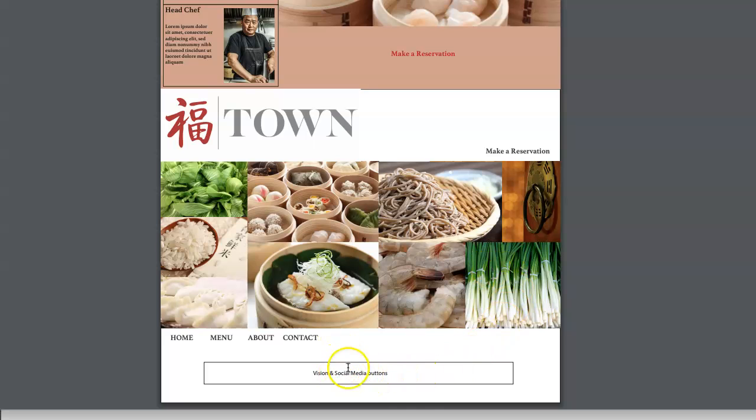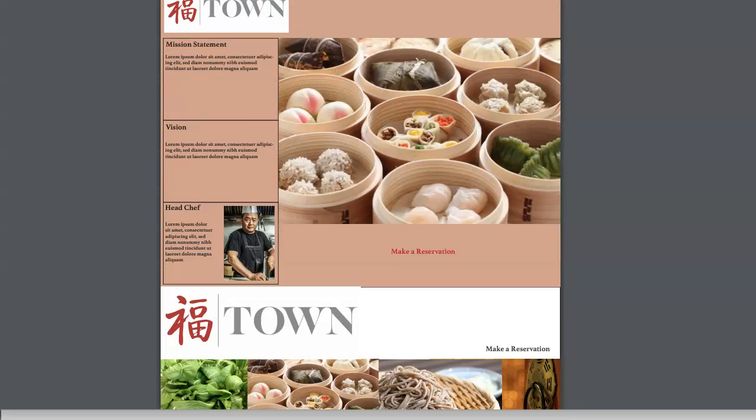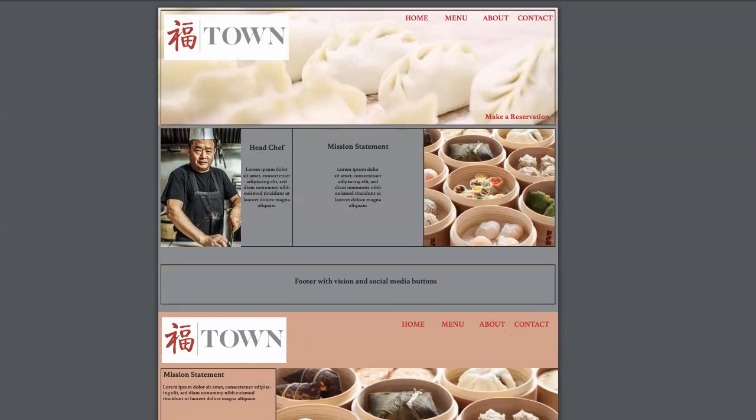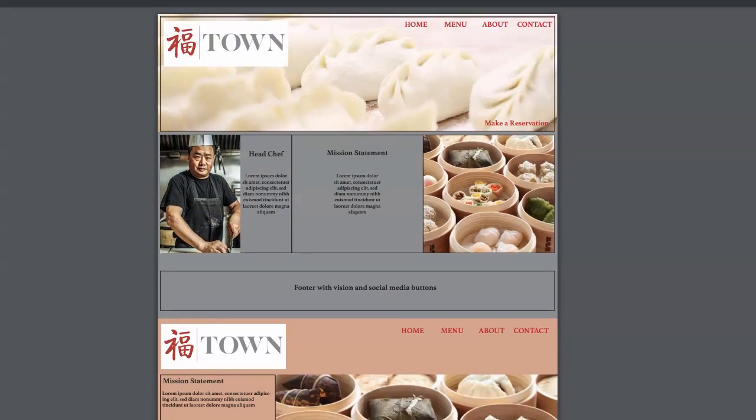Now, what I do like about this sketch is that you considered a footer, and that, as you probably have read, is also an essential part of a web page. So in short, this first sketch would probably be my preference. I like the simplicity of it, and that you blend images. Good job.